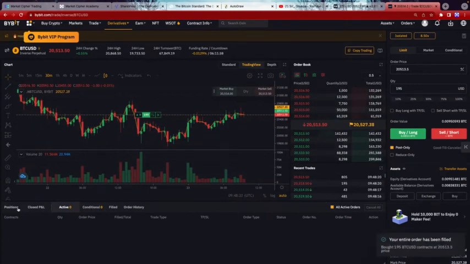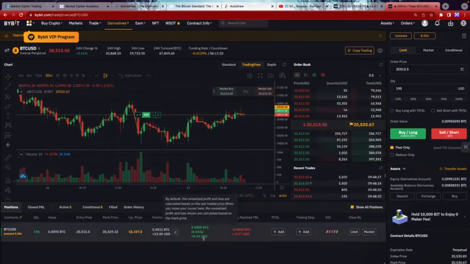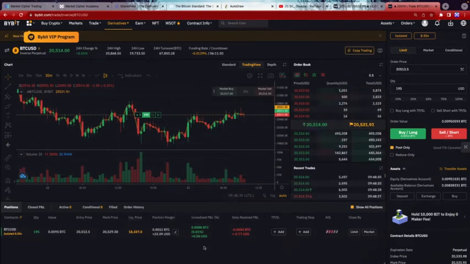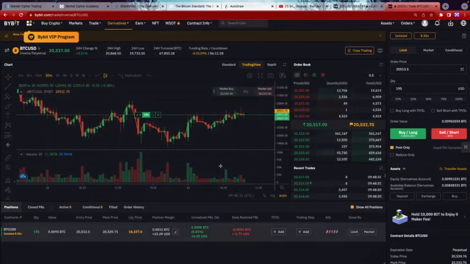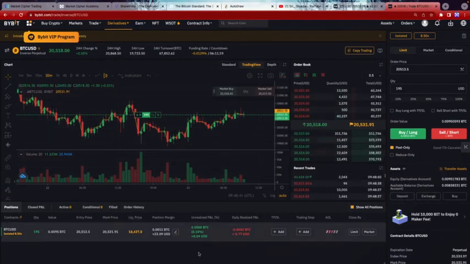So of course the order has been filled, and it's green right now, it's up by 0.101%, which is a good sign because my oscillators are heading upwards, and my money flow is also already in the positive territories. So price obviously is showing signs here.